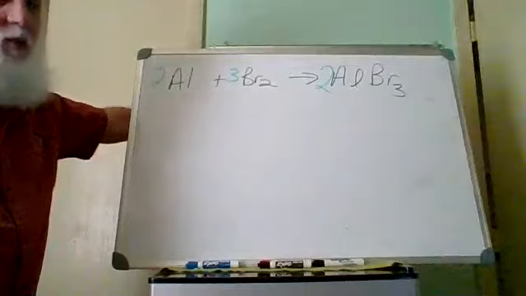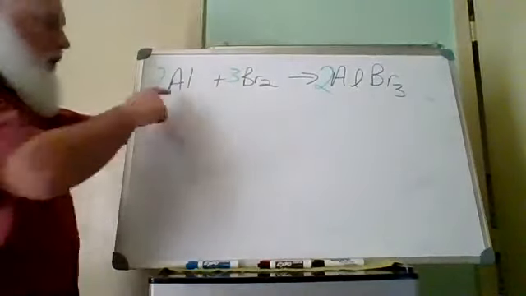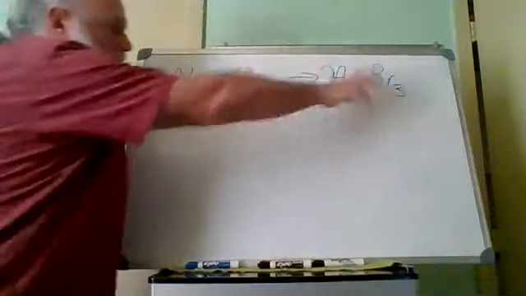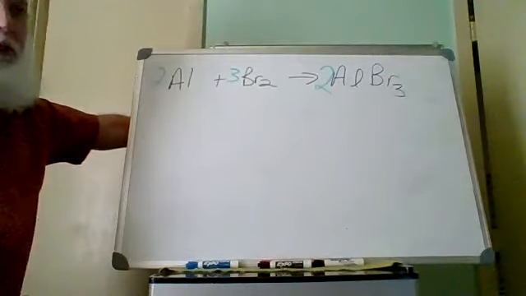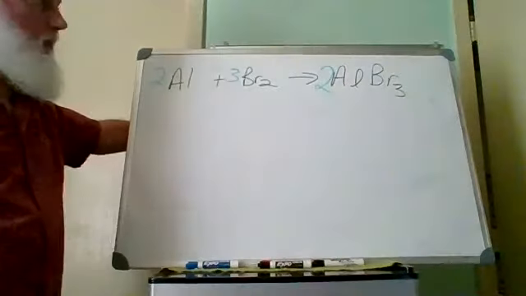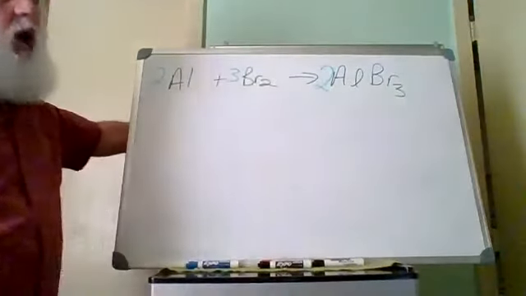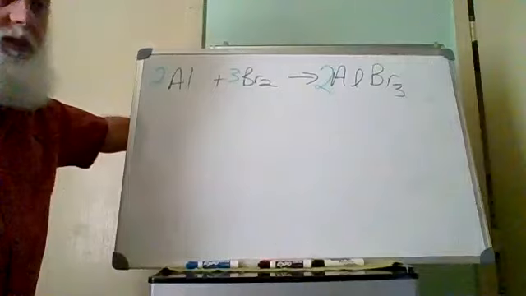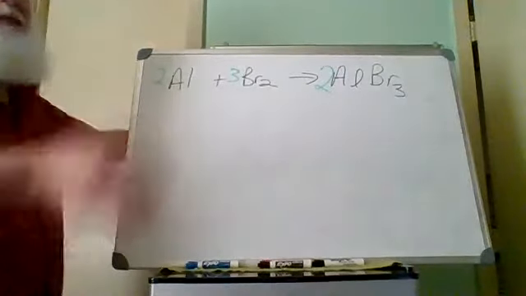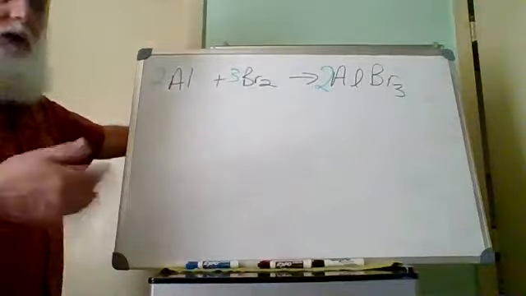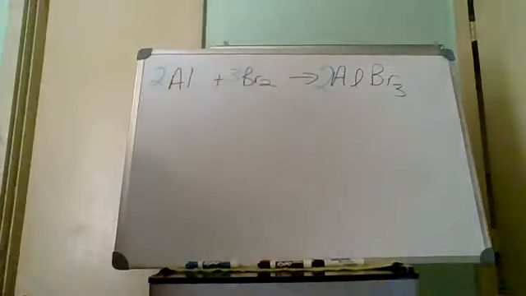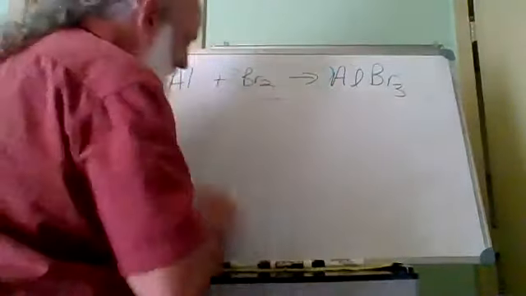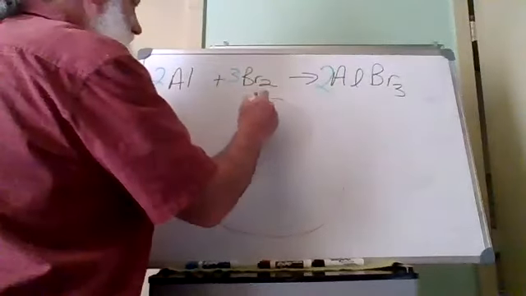If you have a pure element anywhere in the reaction, then that reaction must be an oxidation reduction reaction. Does that mean all oxidation reduction reactions have a pure element? The answer to that is no, but the only ones I will give you will have a pure element in them. So in other words, we can draw another Venn diagram, the universe of oxidation reduction reactions.